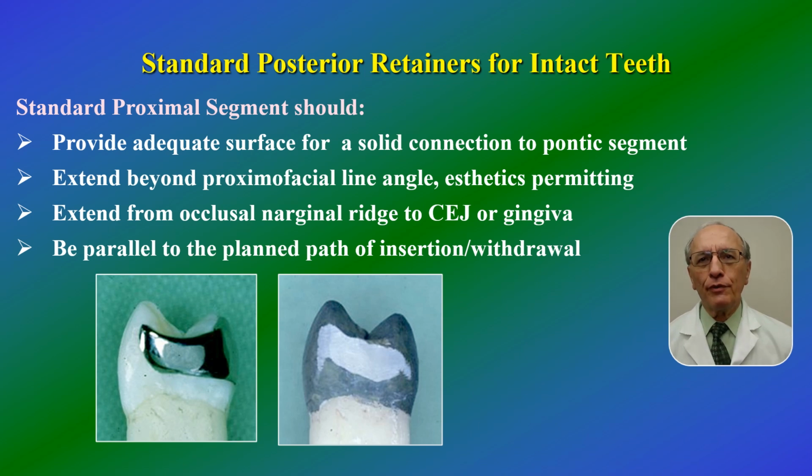The proximal surface should provide adequate surface for a solid connection to the pontic segment. It should extend beyond the proximal facial line angle, aesthetics permitting. And it should extend from the occlusal marginal ridge close to the CEJ or gingiva for maximum bonding surface. And of course, it should be parallel to the path of insertion.